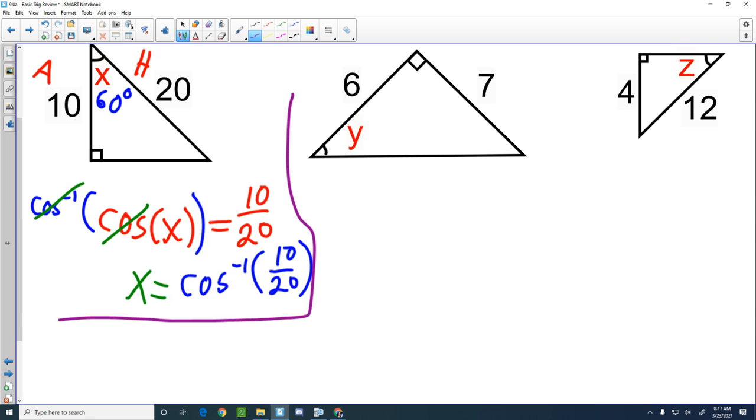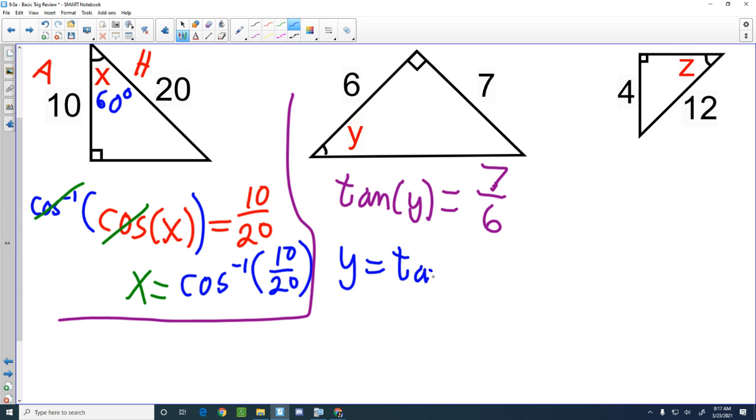This middle one, we'd say the tangent of angle y is the opposite over the adjacent. TOA, 7/6. So to find the angle y, I'm going to simply take the tangent inverse of 7/6.